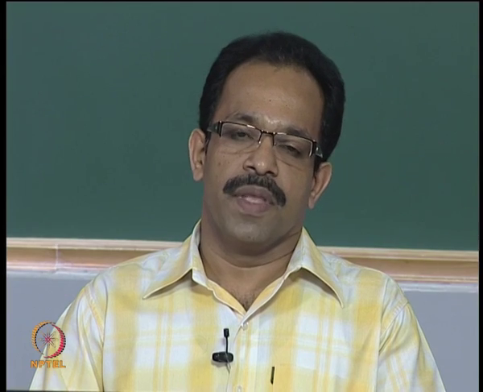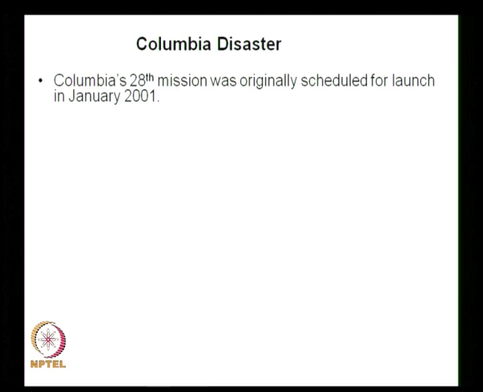During takeoff itself there were some problems, a lot of analysis was carried out, and then a decision was made to continue with the mission. Let us have a relook at this decision and see how this could have been avoided, or what the possibilities are, or what decision tools we can use in such situations. Let us have a relook at this Columbia disaster.